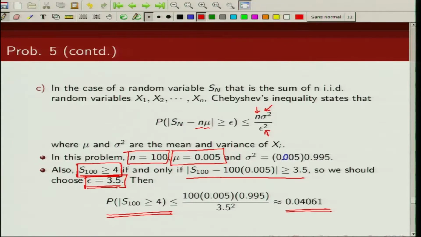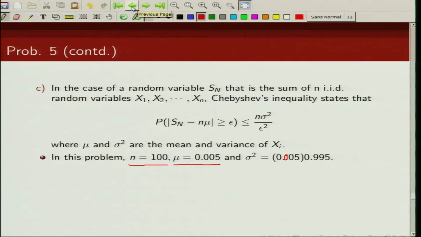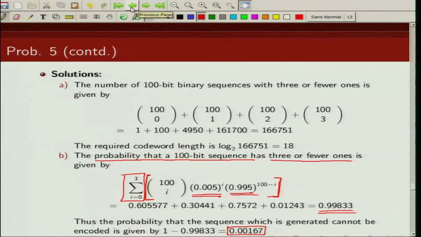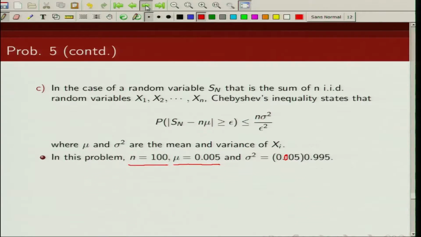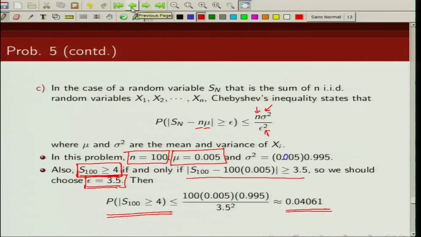Please note that this is actually quite a loose bound, because the exact probability comes out to be 1.67 times 10 to the minus 3, whereas this upper bound is 4 times 10 to the minus 2. So this upper bound is quite loose.